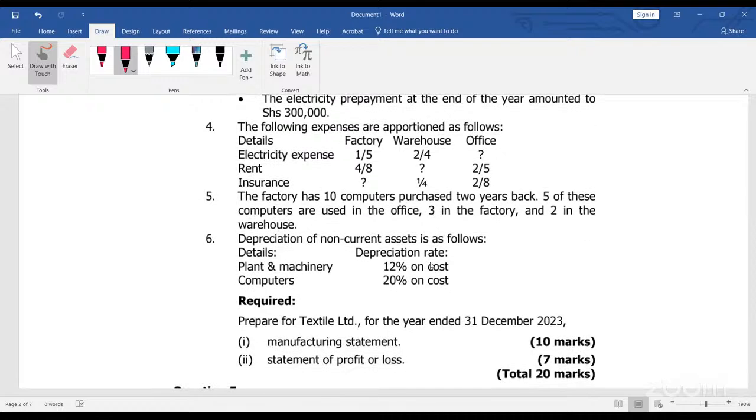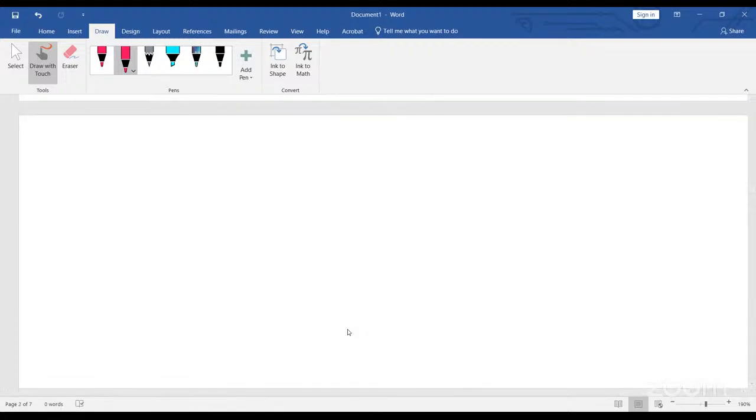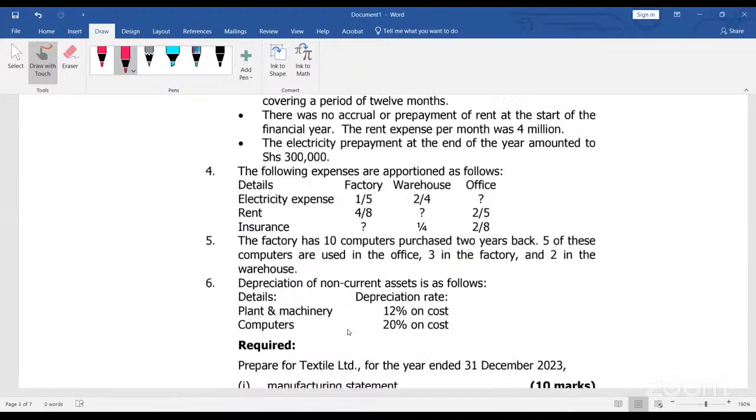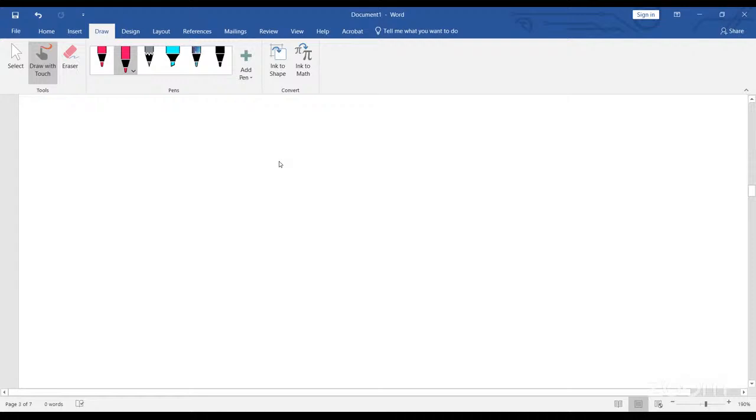Prepare for Textile Limited for the year ended 31st December 2023 a manufacturing statement, 10 marks, and then the statement of profit or loss. So let us prepare the manufacturing statement and then the statement of profit or loss. Where you have questions, please feel free to ask.